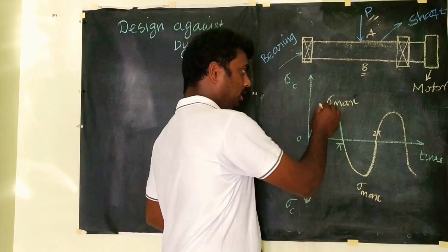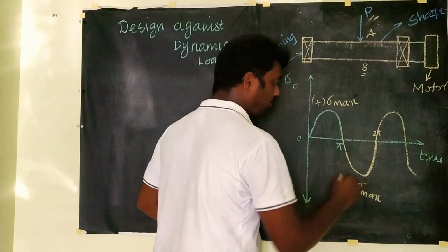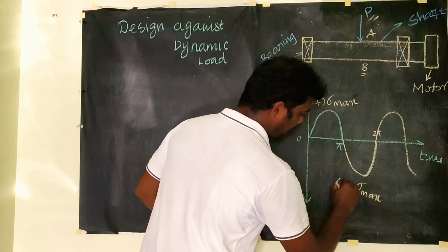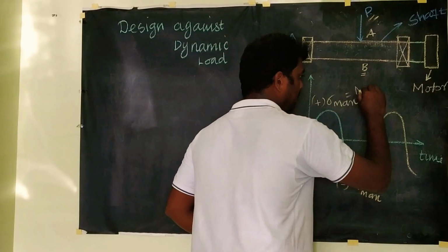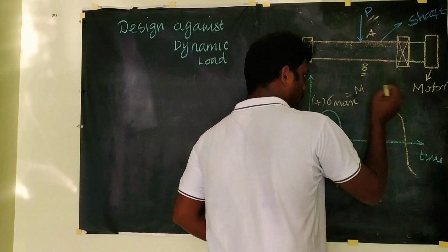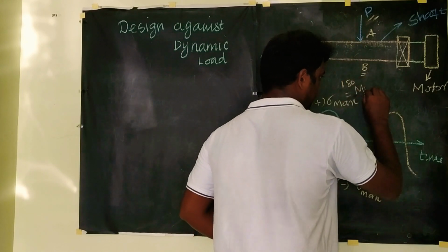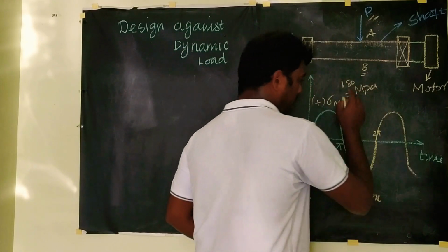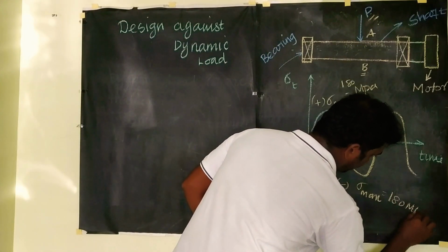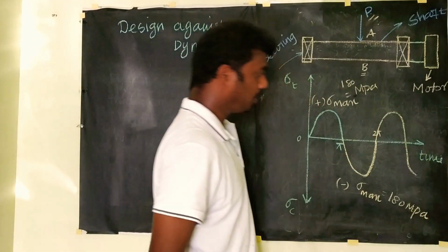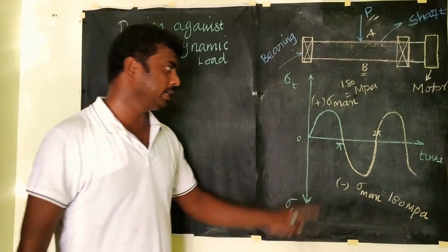In half revolution the stress is positive, in the other half it is negative. Assume the value as 180 megapascal. In both cases, the point B carries 180 megapascal. There is no change in magnitude, only a change in direction.